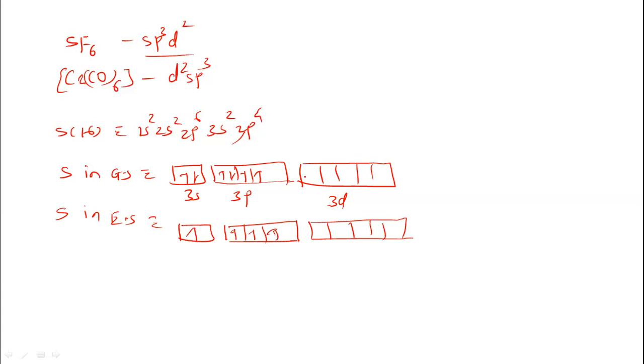This electron goes here, and this electron goes here. So we can show the arrangement: there are 2 d orbitals which are half filled, 3 p orbitals which are half filled, and the 3s orbital is half filled. Therefore the sulfur atom undergoes sp3d2 hybridization in the SF6 molecule.